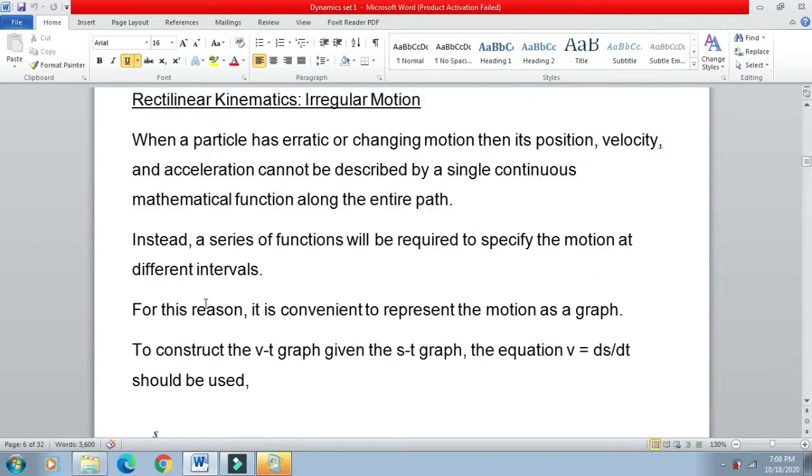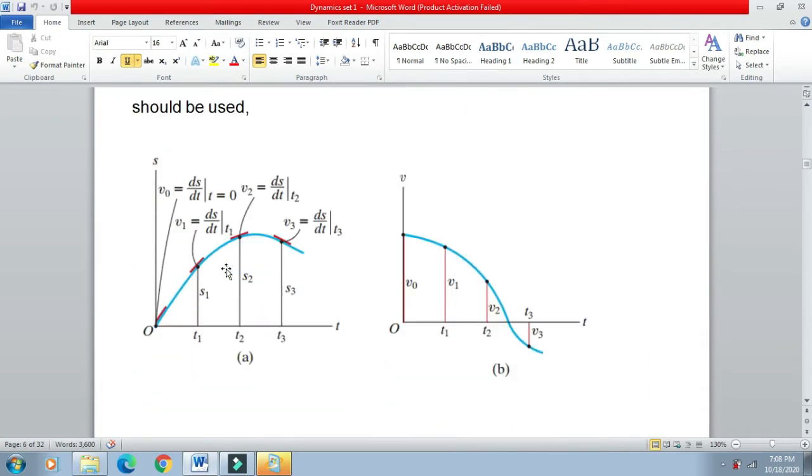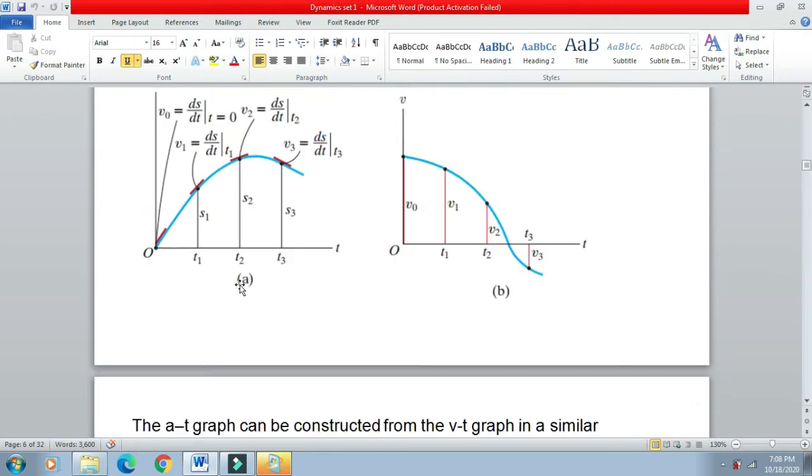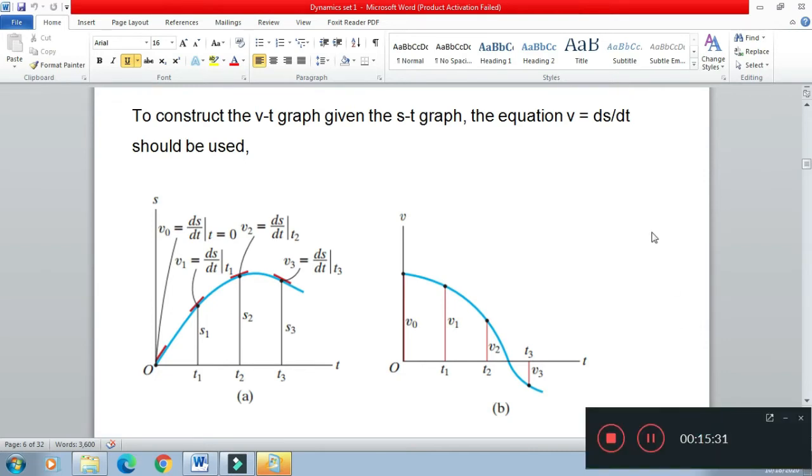We also study the irregular motion with the help of various curves, the curves between position and time, velocity and time, and acceleration and time. Suppose we have the curve for the position and time, and we are interested in determining the curve for the velocity and time. So suppose we see this curve. This is given.